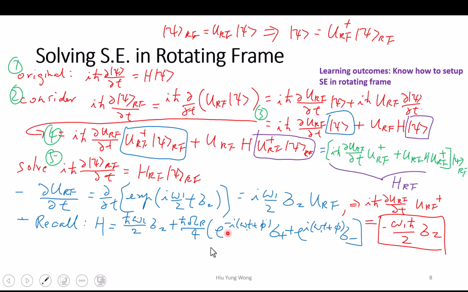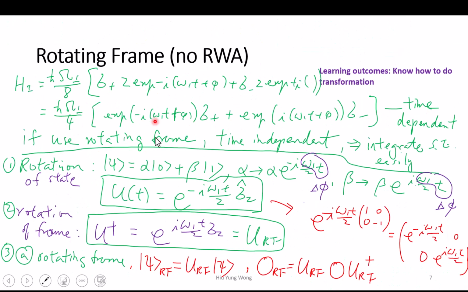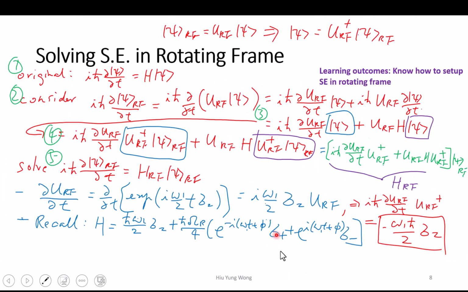Is this okay? This is the total Hamiltonian we proved here, because H_I is this term, σ_plus, σ_minus, right?